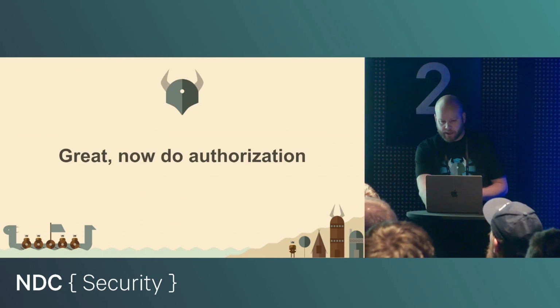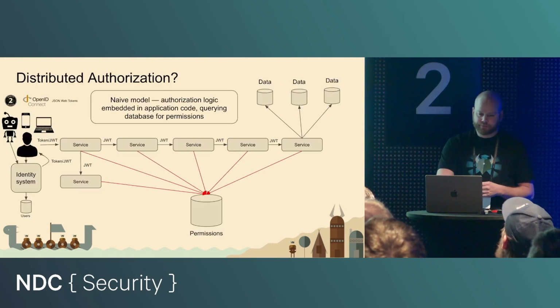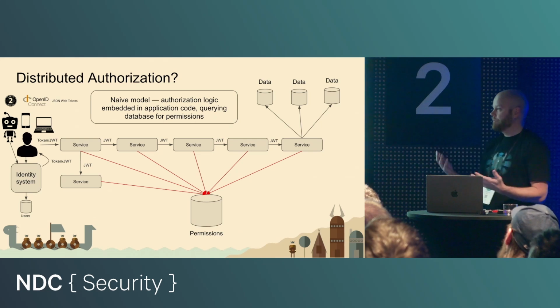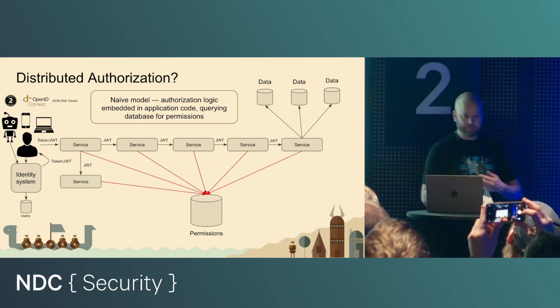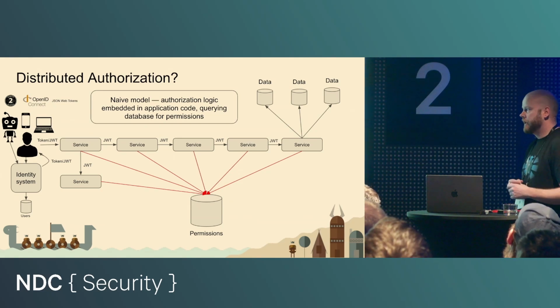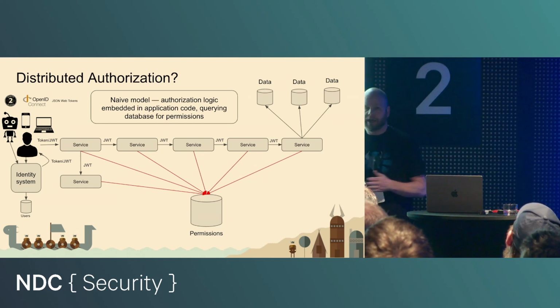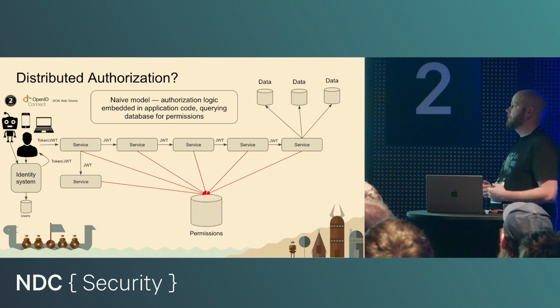So that's good. How do we do authorization? The naive model, again, back to this kind of monolithic model where all our application would just send a request to a database somewhere. That doesn't scale well when we have hundreds or thousands of services and each of them wants to check permissions.